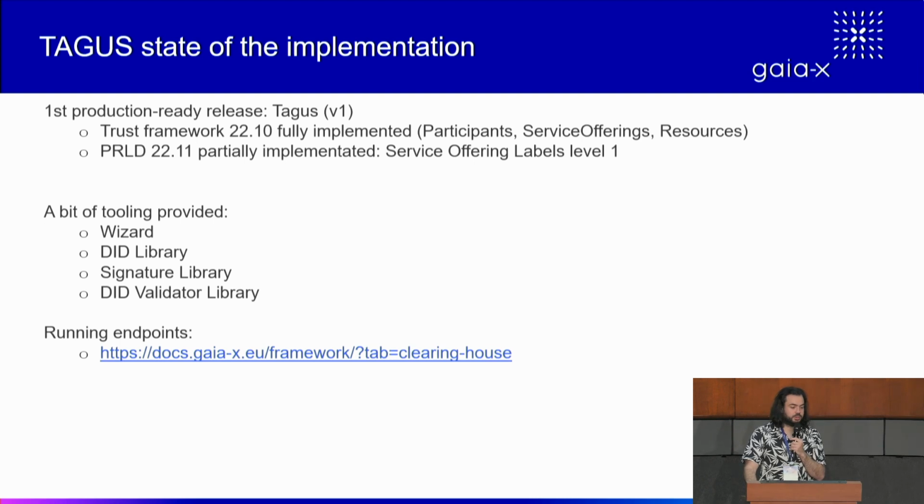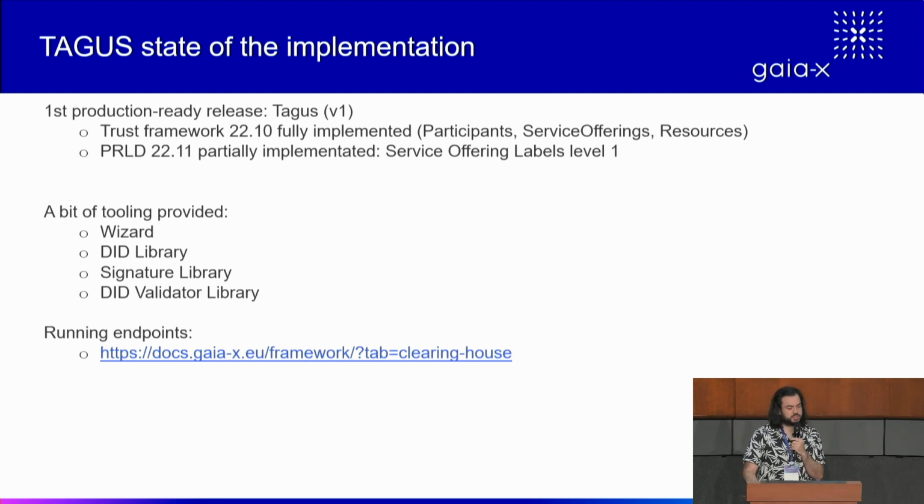So speaking of the implementation, we have a first version that is production ready since more than 6 months now. I will say almost a year. The name is Tagus. We are implementing totally the Trust Framework 2210, participants, service offering, all kinds of resources, physical and software.